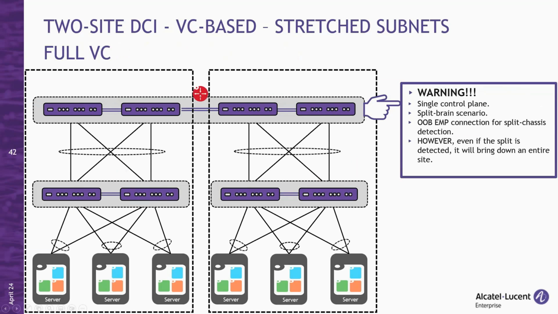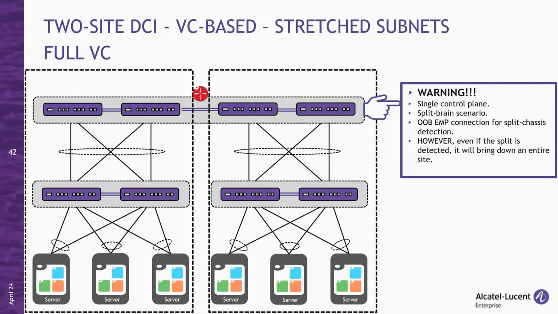The third option is to use full VC design on the spines across both sites. This will still have the same caveats as before, but also another risk is the split brain scenario. Split brain occurs when there are failures on the VFL links, which cause potential MAC and IP duplication. This can be solved by either using out-of-band EMP remote chassis detection protocol, or in-band using the VC split protocol.